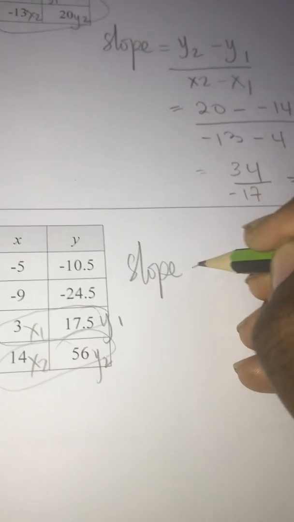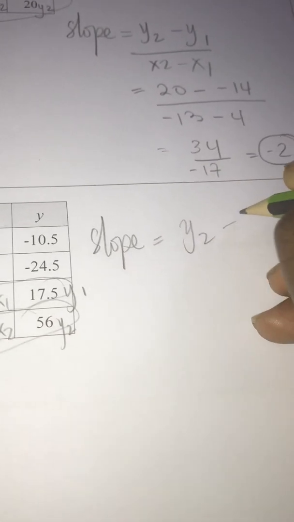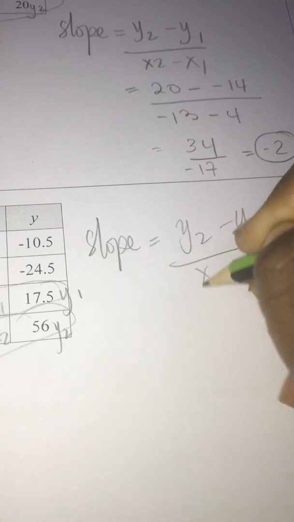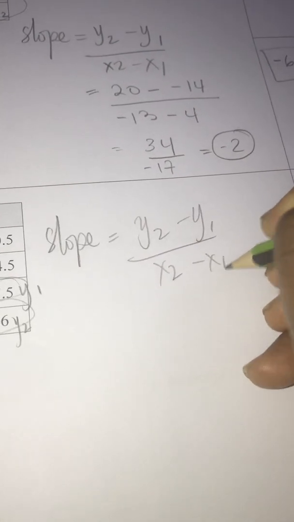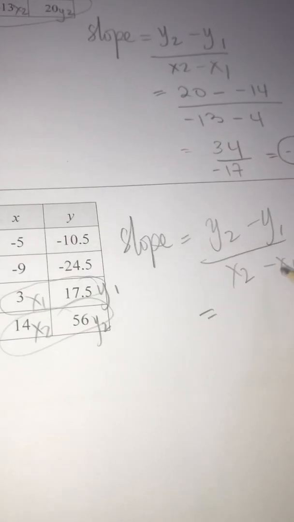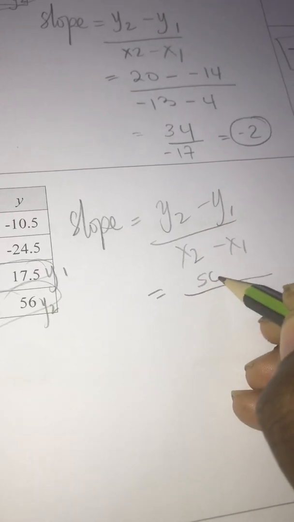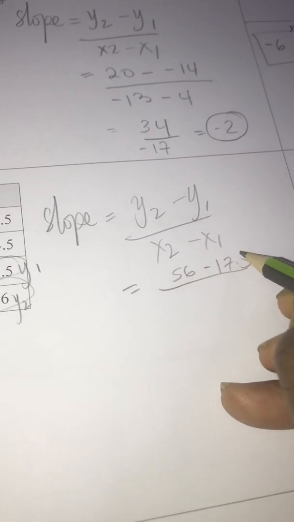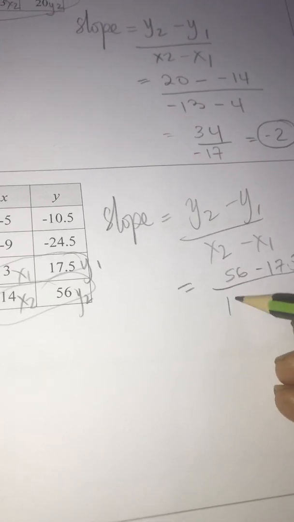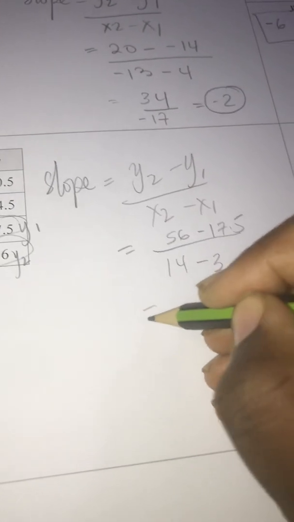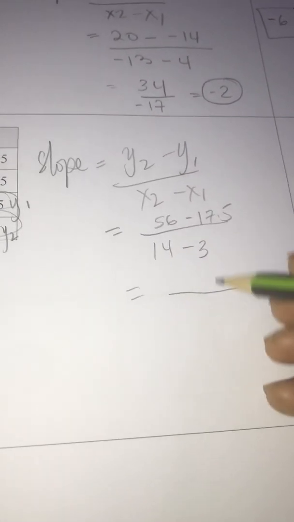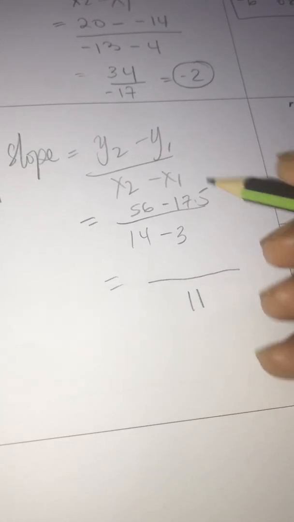Slope equals y2 minus y1 over x2 minus x1. 56 minus 17.5 over 14 minus 3. 14 minus 3 is 11.